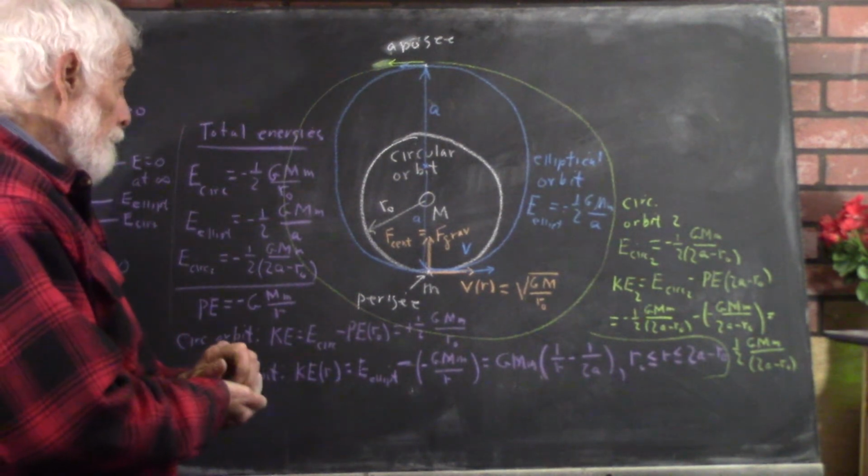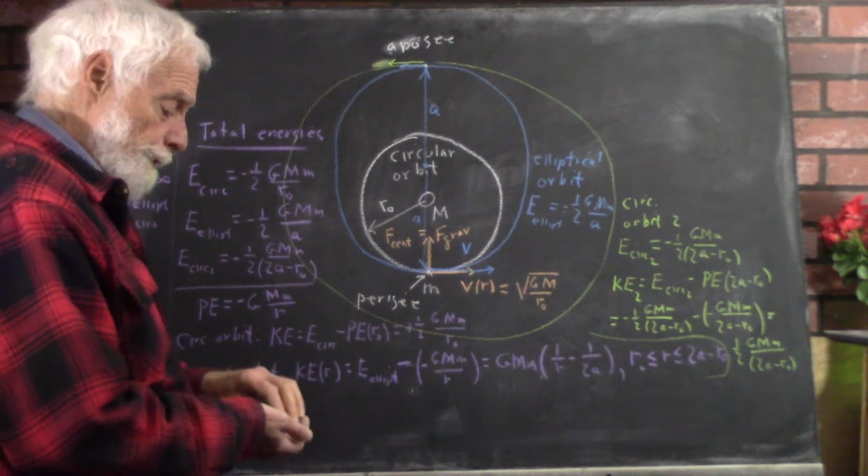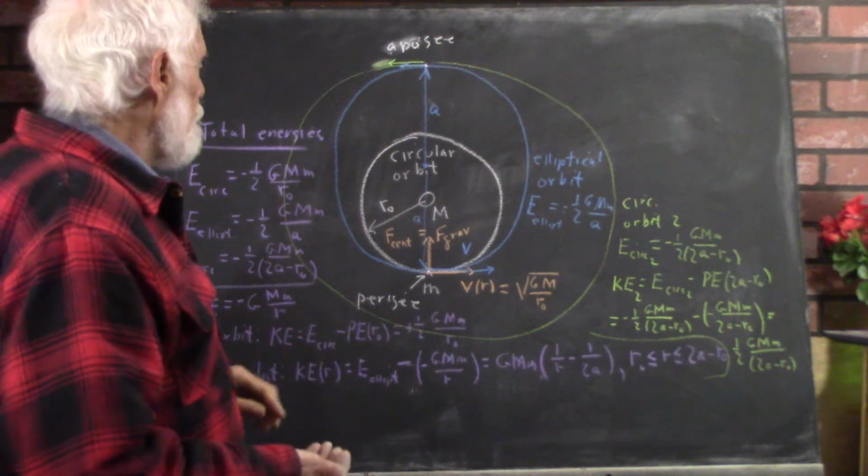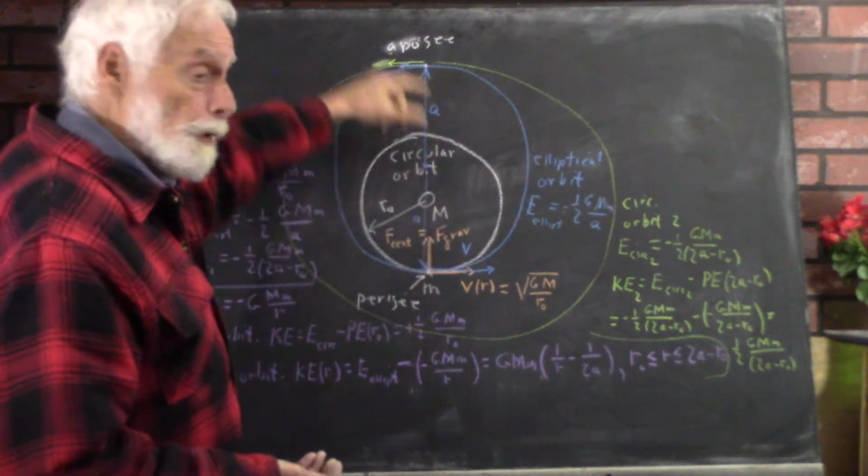And this is kind of a handy thing. This is the simplest way to get from one circular orbit to another.